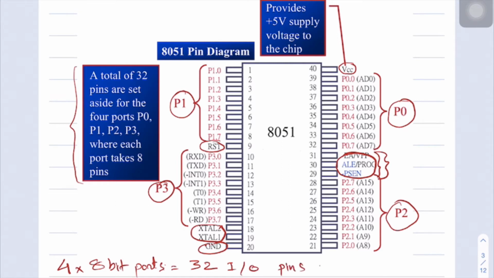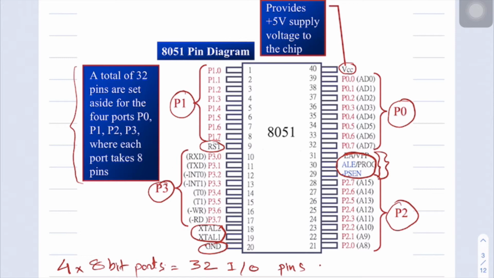These are the pins which are used to connect external peripherals. Pins can be used individually, pin by pin, or we can use all 8 pins together, that is, as a port itself.